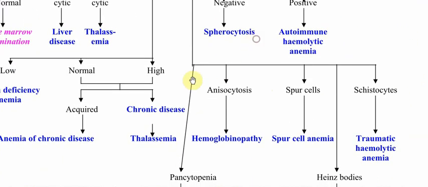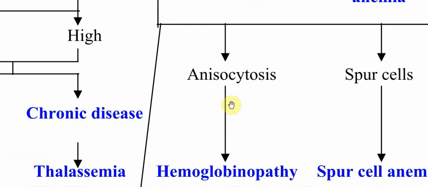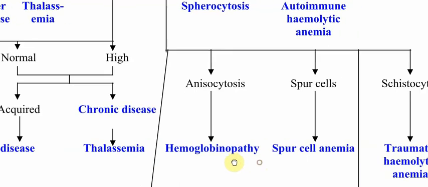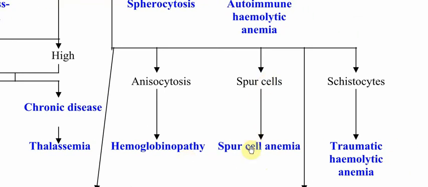So furthermore, if there is anisocytosis, the diagnosis is hemoglobinopathy. If there are spur cells, it is spur cell anemia. If there are schistocytes, it is a traumatic hemolytic anemia.